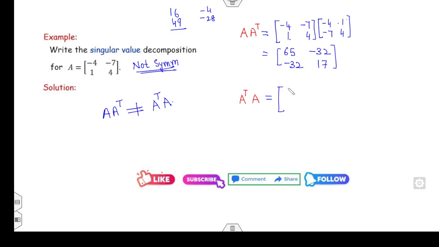Similarly, you can find A transpose into A. -4, -7, 1, 4. So do it quickly. It's a 16 plus 1, 17. 28 plus 4, 32. 28 plus 4, 32. 49 and 16, 65. Fine.